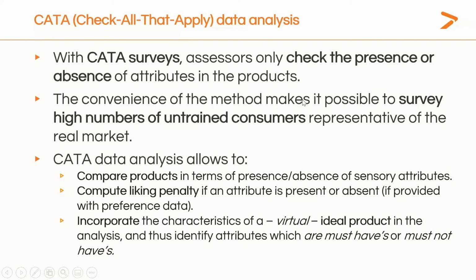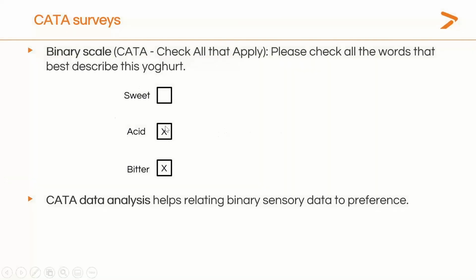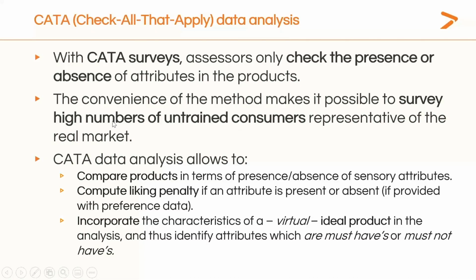The convenience of the method makes it possible to survey high numbers of untrained consumers, representative of the real market, which is a bit more complicated when it comes to penalty analysis or to external preference mapping. If the only task to do is to check the presence or absence of attributes, you don't really need a deep training. So you can survey high numbers of real consumers from the market.